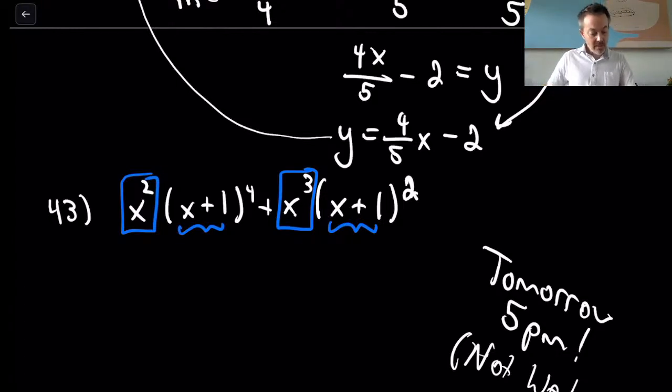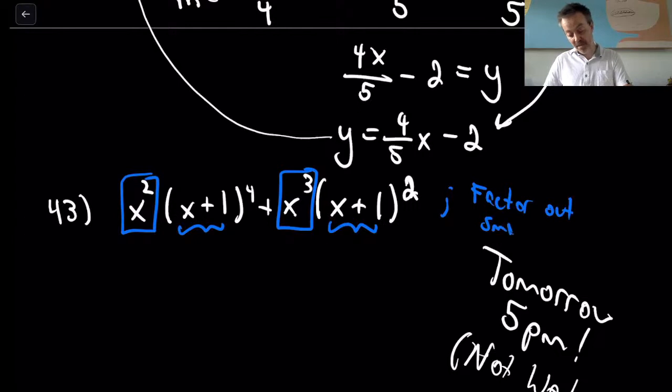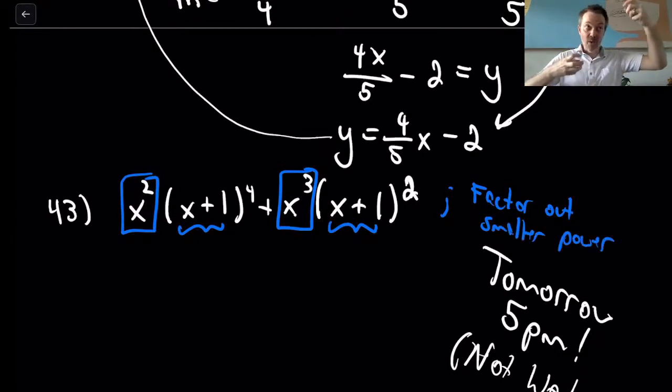Basically the idea is you just factor out the smaller power. And eventually, like in calculus, you end up with negative powers, x to the -2, and x to the -10. Factor out x to the -10 because that's the smaller power. So keep that in mind.